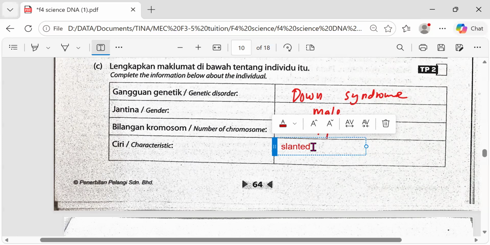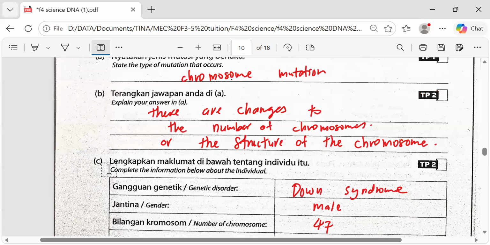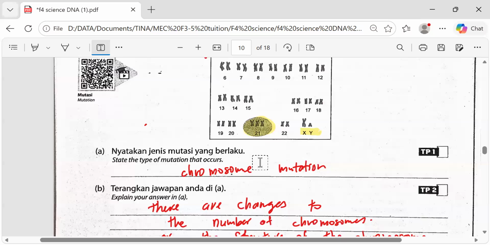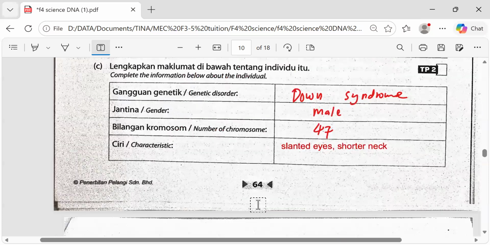Okay, so they have slanted eyes, shorter neck. So this is the first one: of the 21 chromosome, there are three of it. Get it? Can you understand?